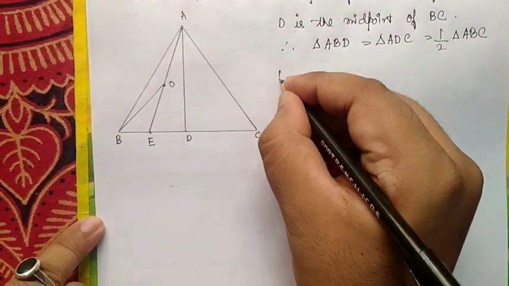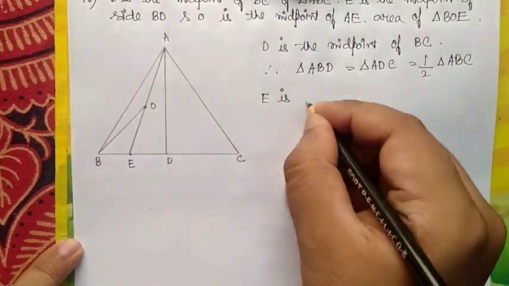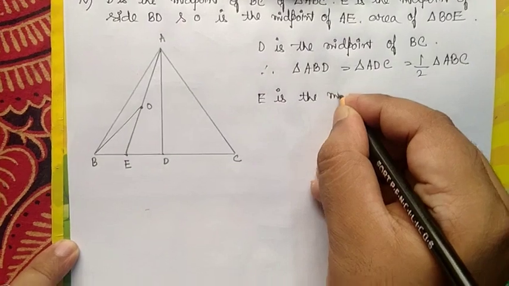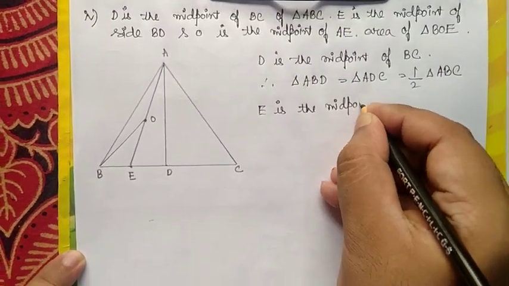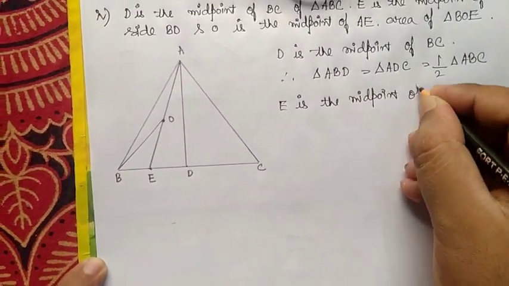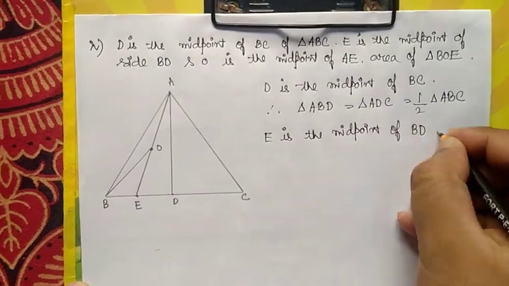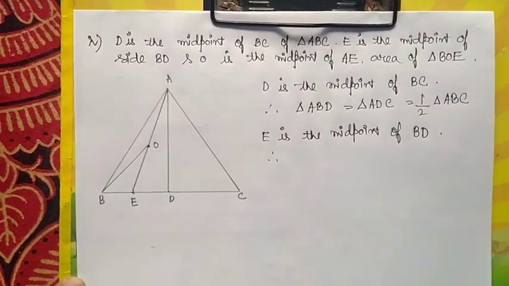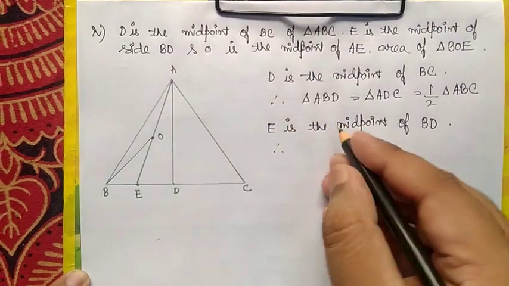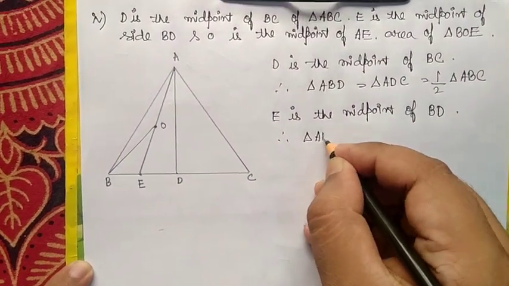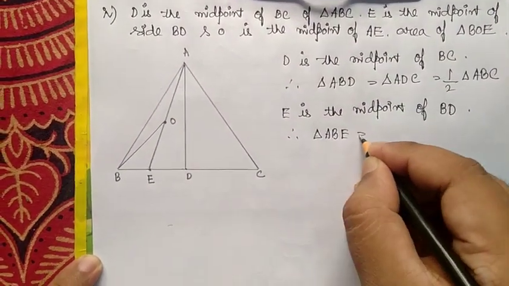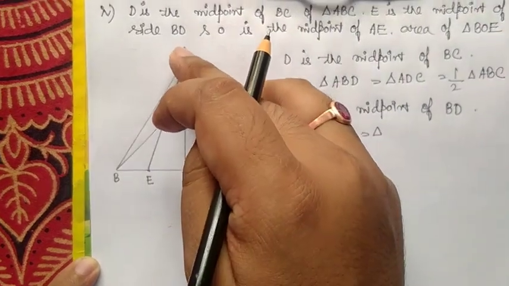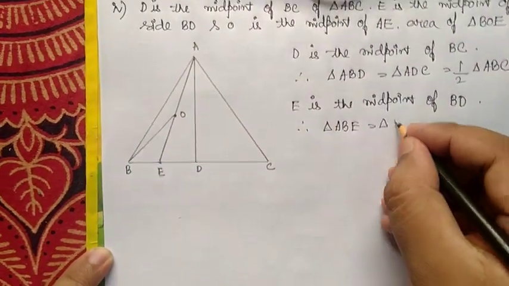Now E is the midpoint of BD. So therefore we can say that triangle ABE equal to triangle AED.